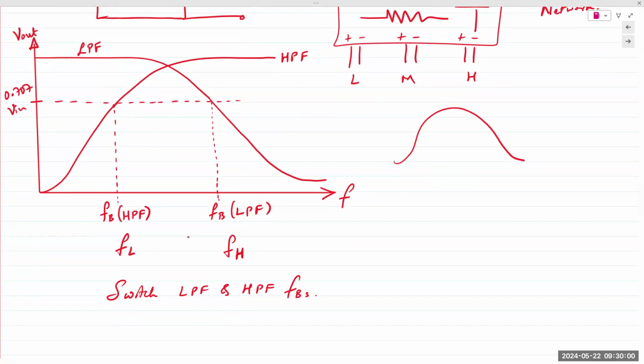You would get something like this. The frequencies are now switched. You have a high pass filter frequency on the right and the low pass on the left. So it becomes a band reject or band stop.